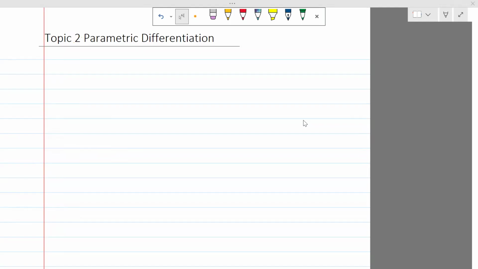Now, in this topic, which is the second of the chapter on differentiation, we will focus on parametric differentiation.